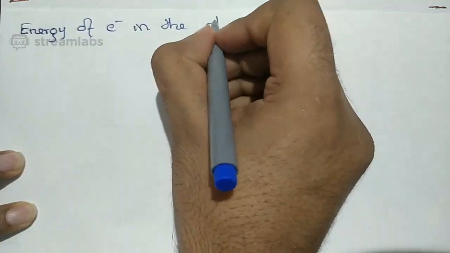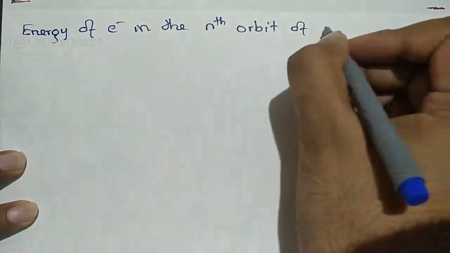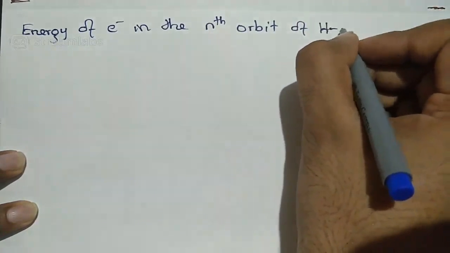So one more important derivation we are studying here is the expression for the nth orbit of the hydrogen atom.